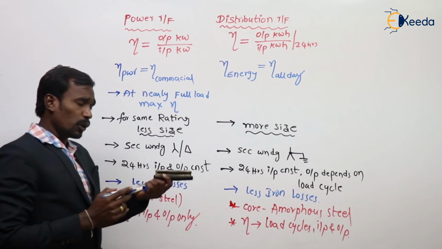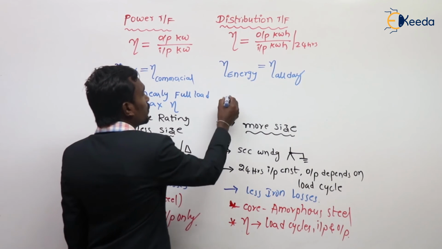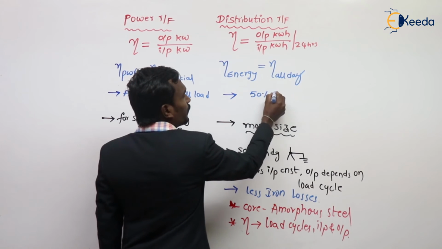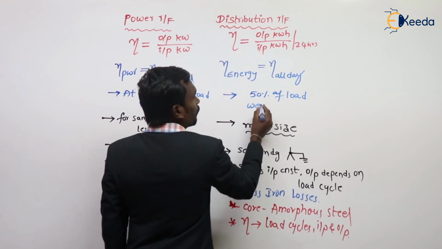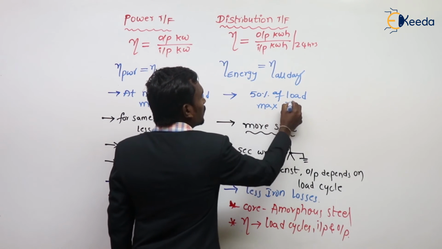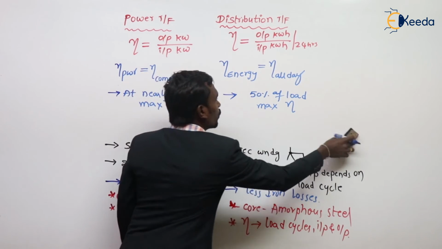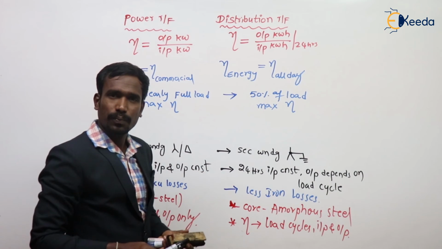But in a distribution transformer, maximum efficiency occurs at 50% of load.